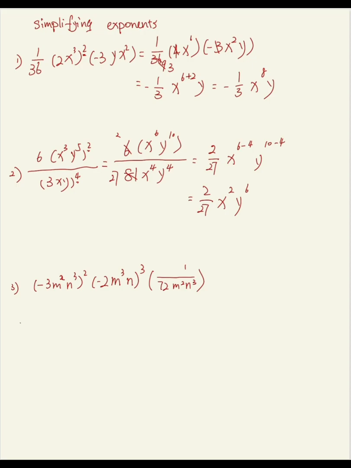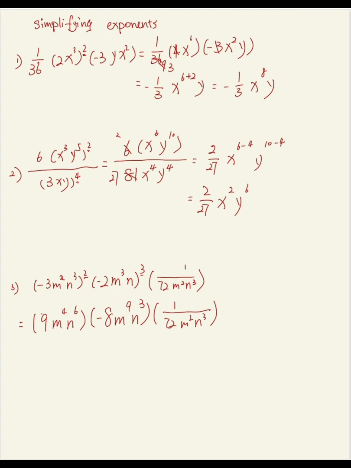The last one, we solve the exponent first. The first part is 9 m to the 4th n to the 6th, and the second part is negative 8 m to the 9th n to the 3rd, and times this one.